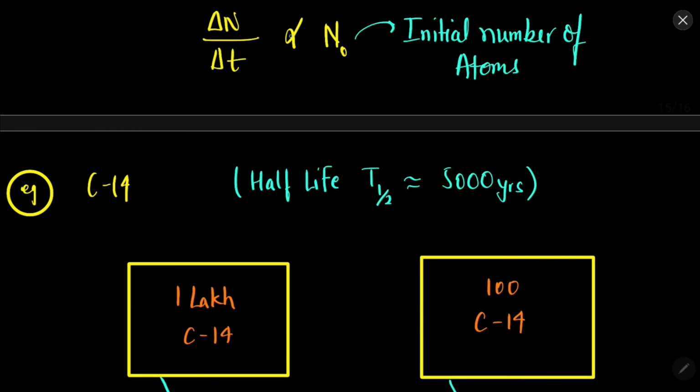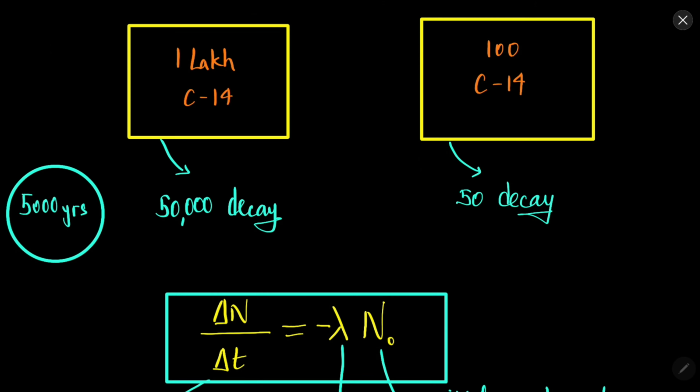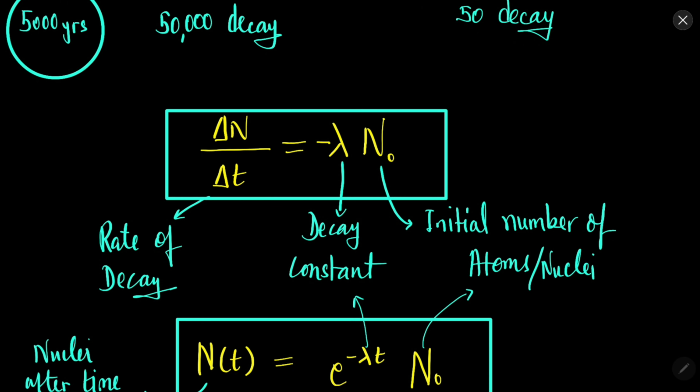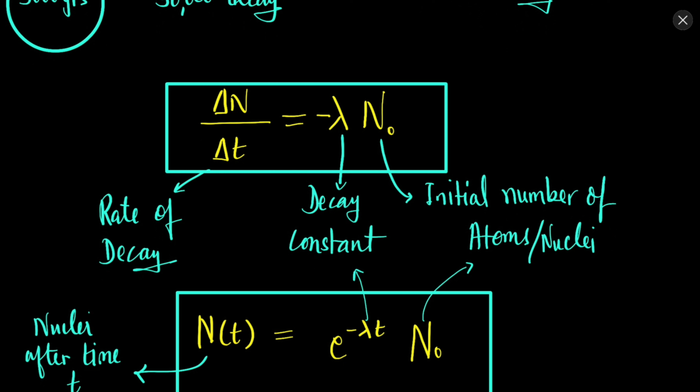So rate of decay depends on the number of particles or nuclei. So when proportionality is removed, equal to comes, then a constant comes. This constant is called the decay constant. The negative sign indicates that as the decay is happening, the number of particles is reducing, and which is reducing the decay rate.